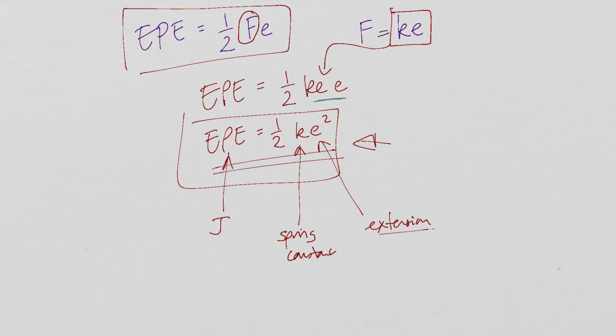As a reminder, the squared just means that you square the value of e and not the whole thing, so you just square e. It looks very similar to the kinetic energy equation, and again you'll need to be able to rearrange that too, but you will need to memorise that one. But they look very similar, so that's a hint in the exam. You're given this, so remember it looks a little bit like that.